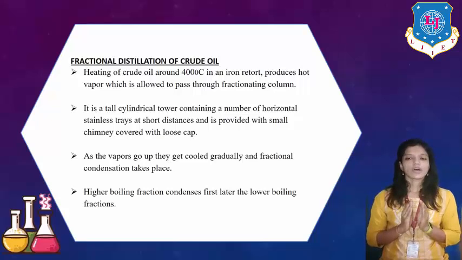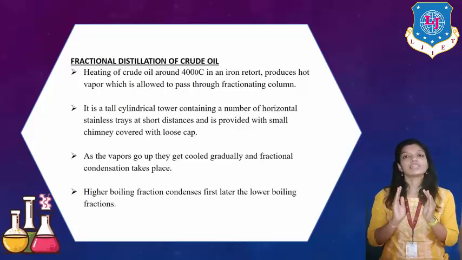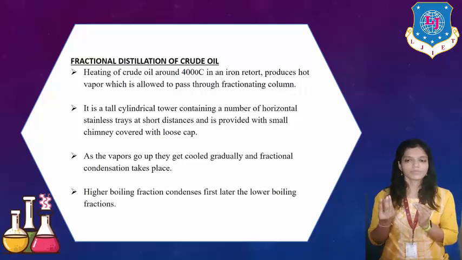It is a tall cylindrical tower containing a number of horizontal stainless steel trays at short distances, and it is provided with small chimneys covered with loose caps so that the vapor can be released. As the vapors go up, they get cooled gradually and fractional condensation takes place. The higher boiling fractions condense first, later the lower boiling fractions.